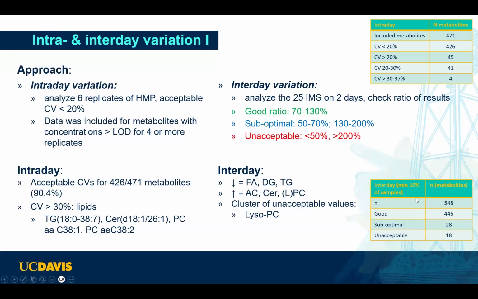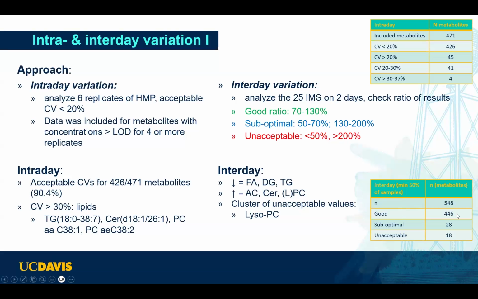Given how we did it, we basically have 25 ratios for each metabolite if it is present in each of those 25 samples. To give a quick overview, I said a minimum of 50% of the samples, so at least 13 samples, the metabolite needs to be in one of those categories to be counted here.